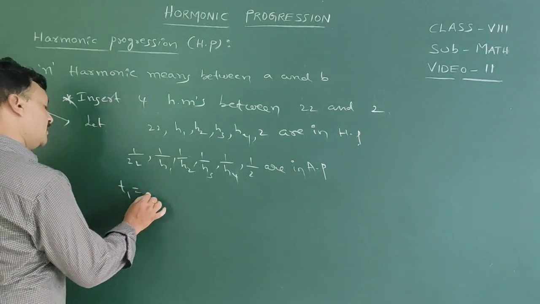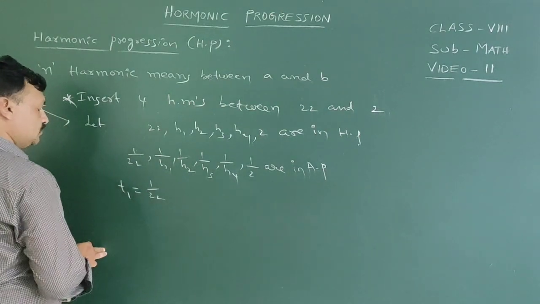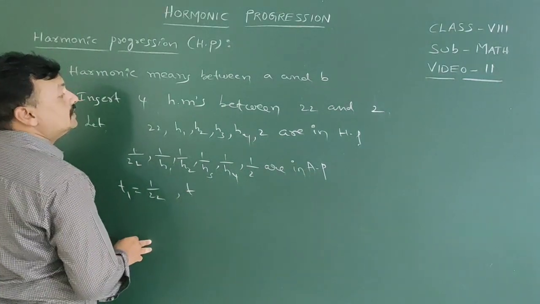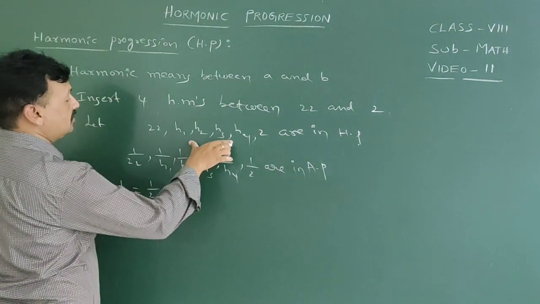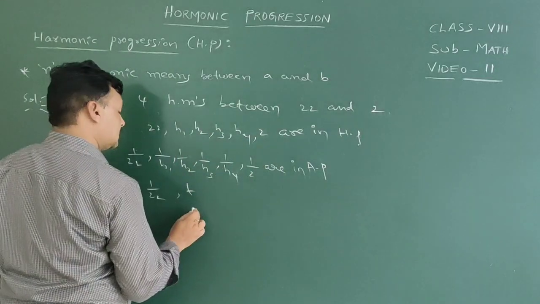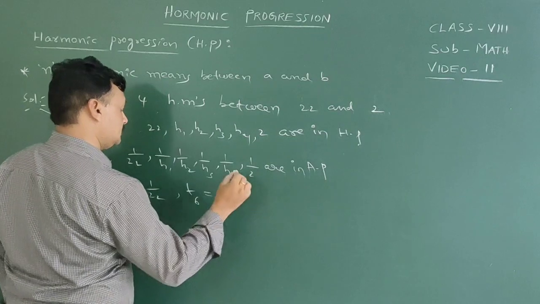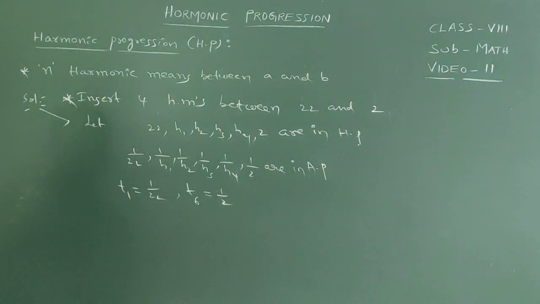Now first term is 1 by 22, that is A. Inserting 4 harmonic means, 2 is already given, that's why the last term T6 is 1 by 2.